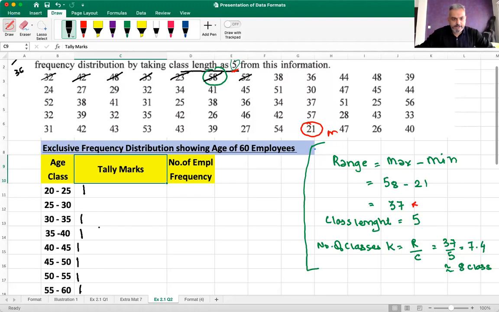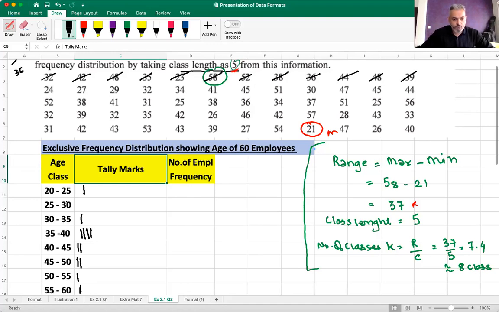Then 38, 35 to 40. Then 36. Then 44, 40 to 45. Then 48, 45 to 50. Then 39, 35 to 40.